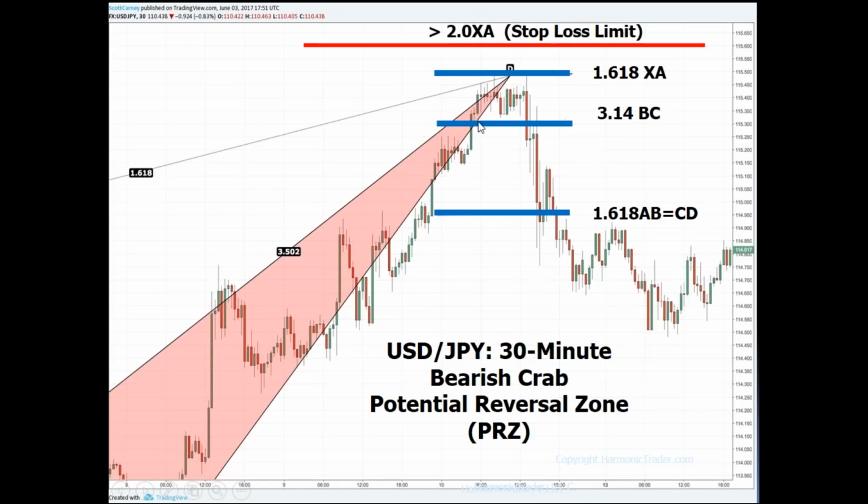With the BC complementing this area a little higher, I'm going to focus my execution at the 1.618, and I'm looking for this entire zone to be tested before I consider the harmonic pattern a valid trade opportunity. But if I execute at this 1.618 with a stop loss just above the 2.0, then this is exactly where I anticipate the reversal.